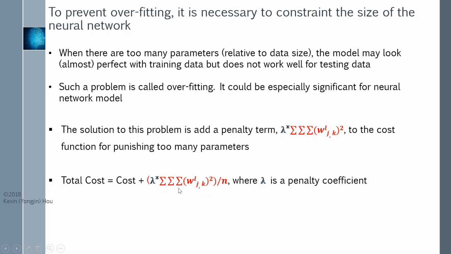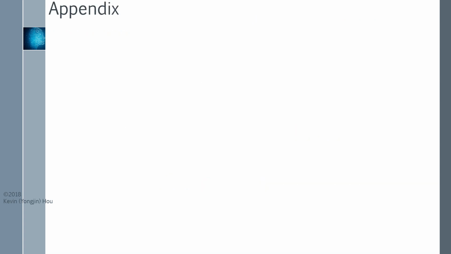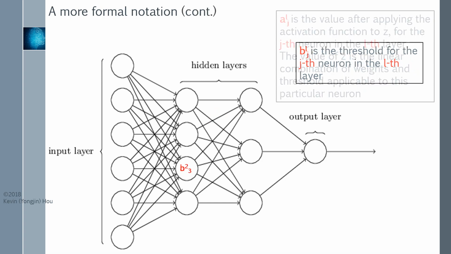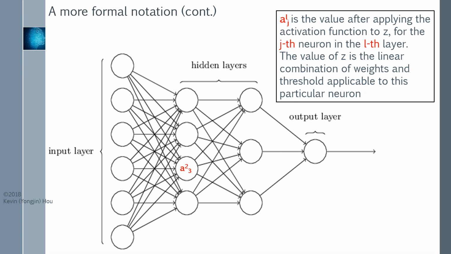You may notice that we have 3 sigmas here. Why is that? Because in order to make the weights very clear in the neural network structure, we need to have 3 letters to annotate which nodes the weights are for, where they are coming from and where they are going. There is a slightly more formal notation around this, and I have those in the appendix, not just for the weights but also for the thresholds and for the values after the activation.